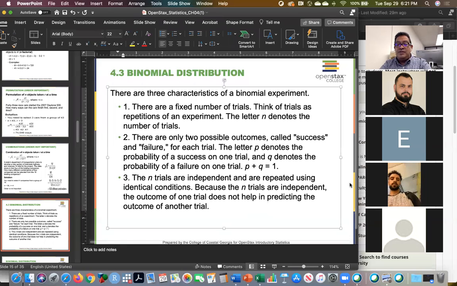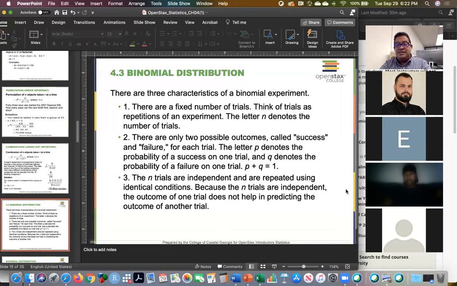So we are going to be using the trials as independent events. That means that the outcome of the second doesn't affect the first, right? That means basically that the probability is going to be always the same.